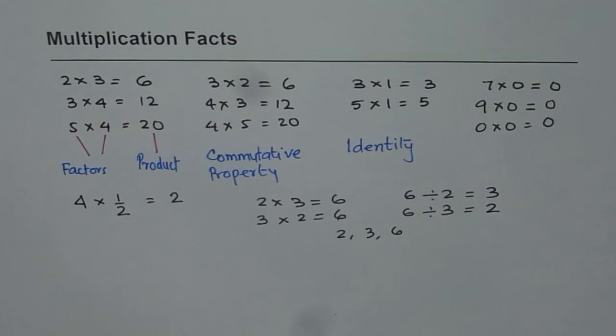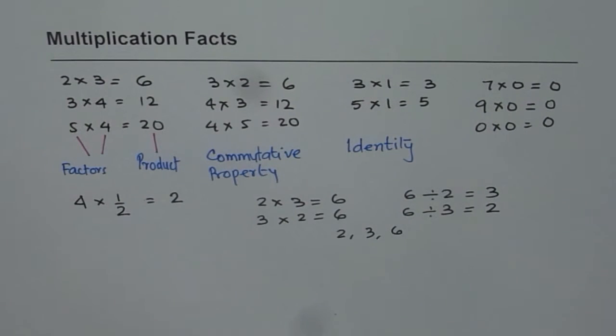I hope with this you have a fairly good idea of what multiplication is. Multiplying two numbers gives us a product, and these two numbers are called factors. The product is the same even if the order of the factors is changed. If one of the factors is 1, then the product is the second number.